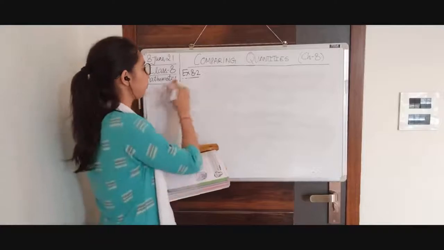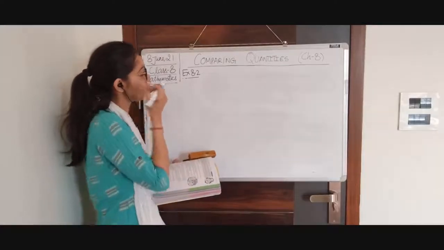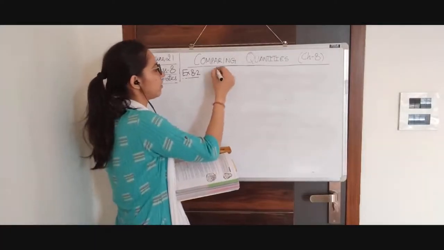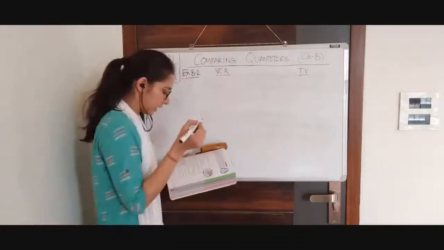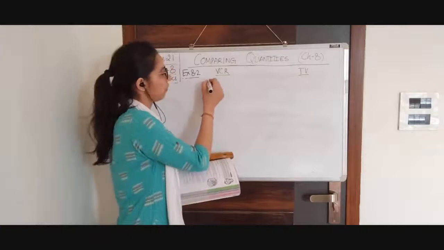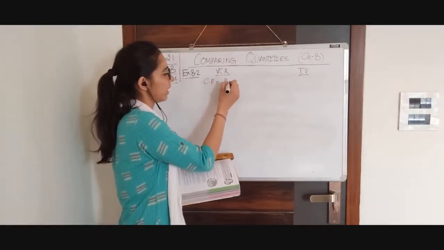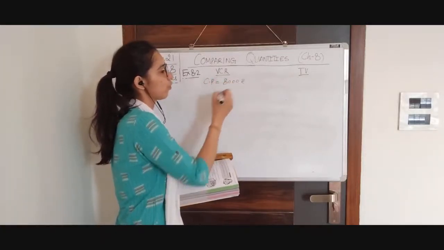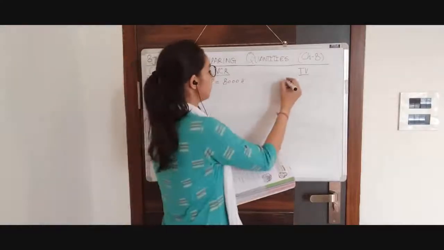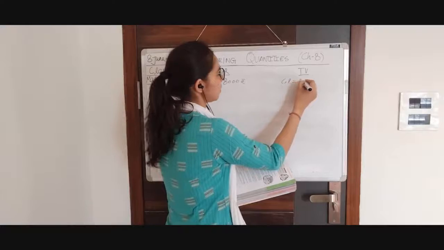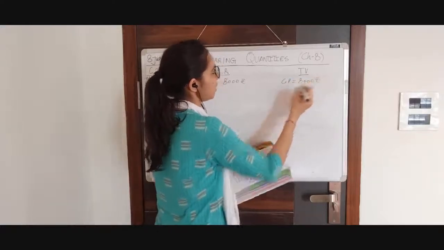We will do separate calculation for VCR and TV. For VCR, it was bought for rupees 8,000. It means cost was this much. TV has also same cost price this much.